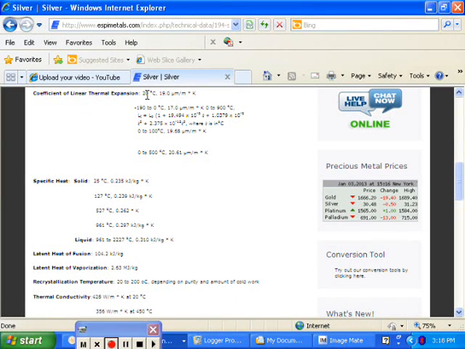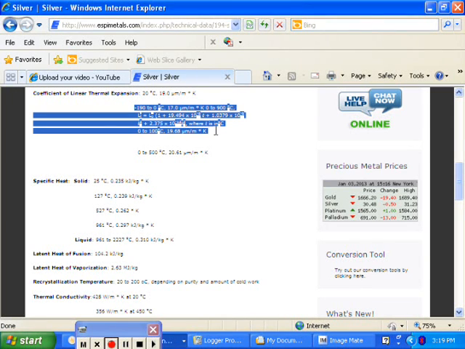The coefficient of linear thermal expansion, the exact same stuff we just talked about, is given at different temperatures, and it goes into a whole bunch of different situations. This is what I was talking about, it not being a linear type situation, where you actually end up getting cubic values, stuff like that, but we can get it to a relatively constant term. It isn't perfect, but it is relatively good.